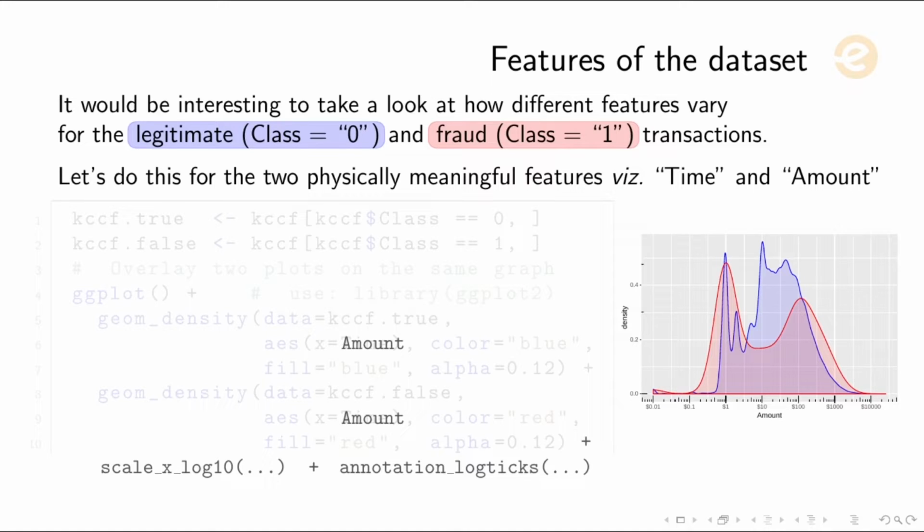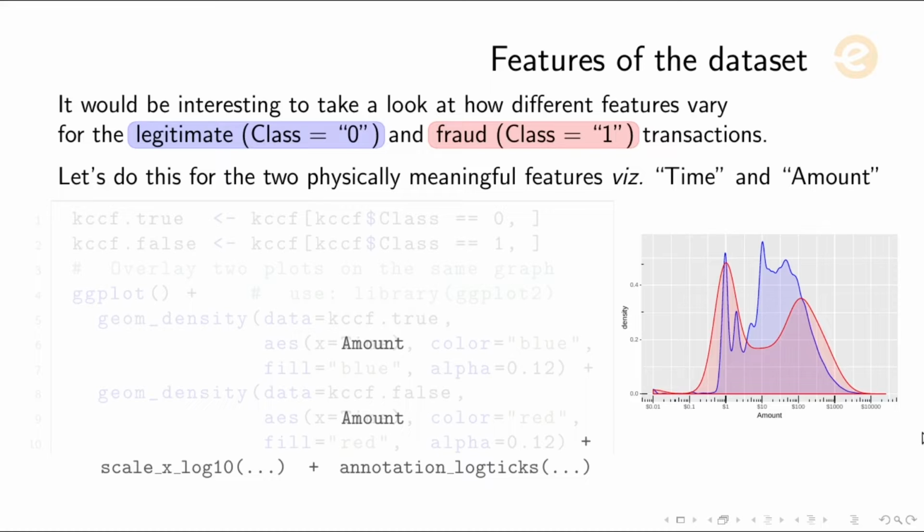That means maybe fraudsters try cracking the credit card with a $1 transaction first, and then they use the credit card to withdraw some $100 or something beyond. And as you see, the fraudulent transactions go till maybe $5,000 also, whereas the true transactions fall down sharply after $1,000.